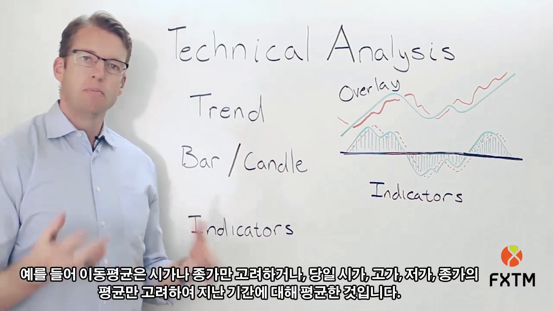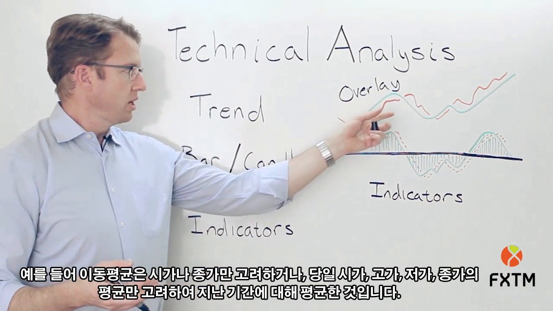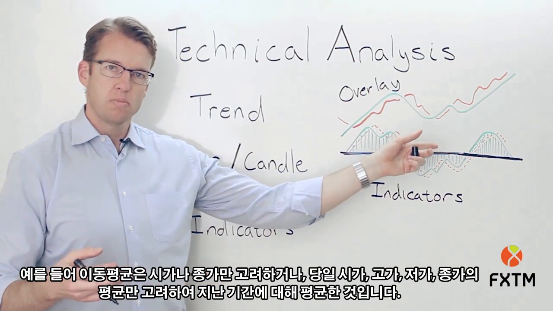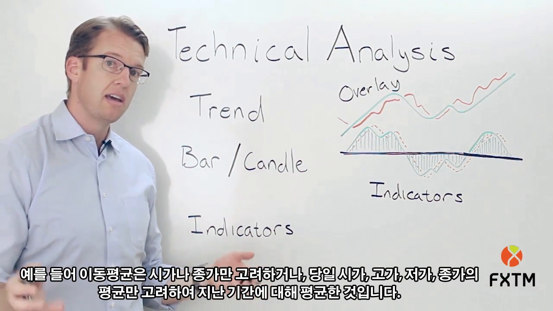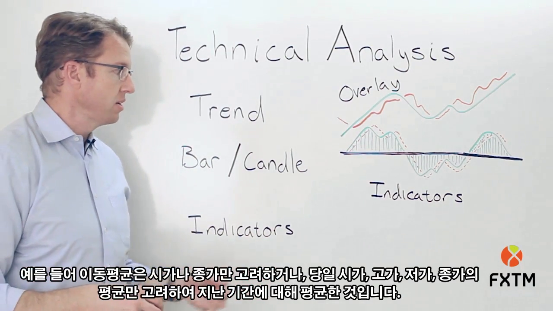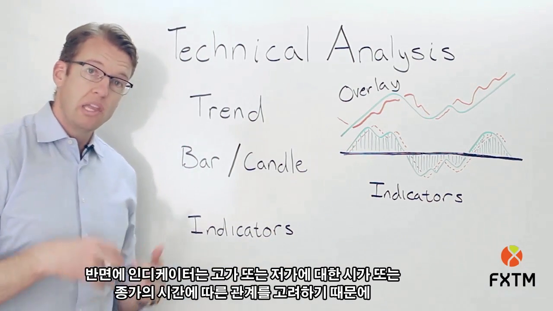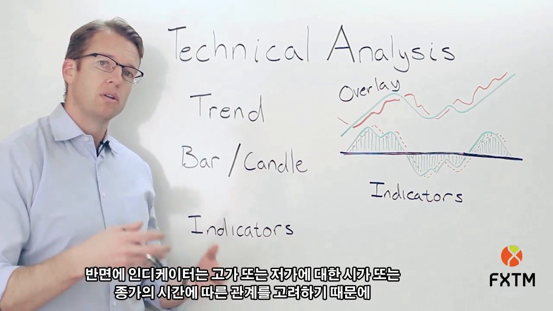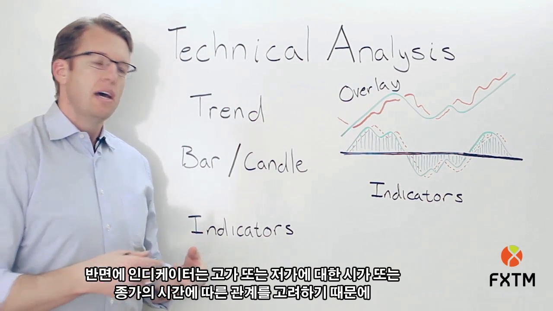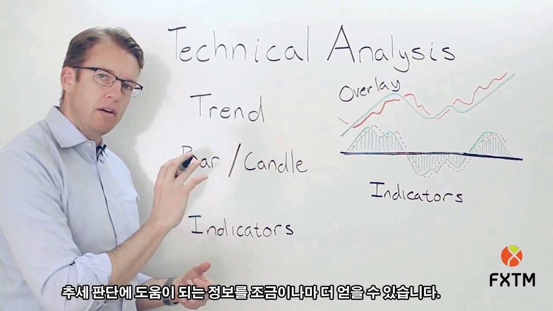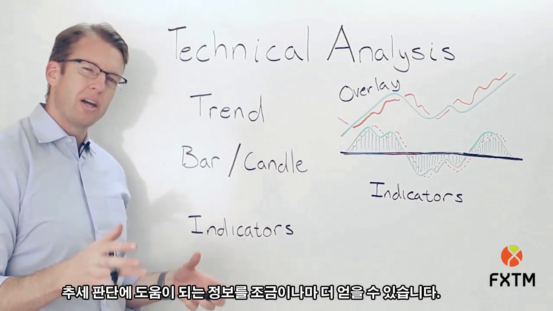So, for example, some moving averages may only look at the open price or the close price, or maybe an average of the open, high, low, and close for the day, and then they'll average that over a look-back period. While indicators may look at the relationship between the open or the close price relative to the high or the low over time.